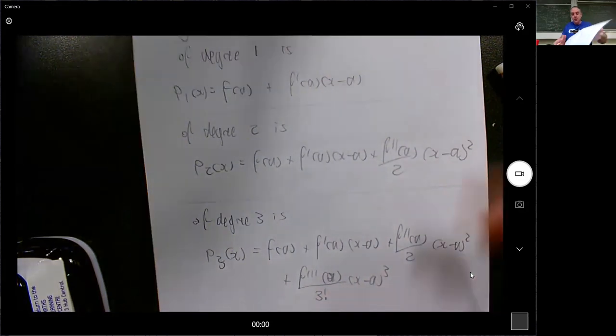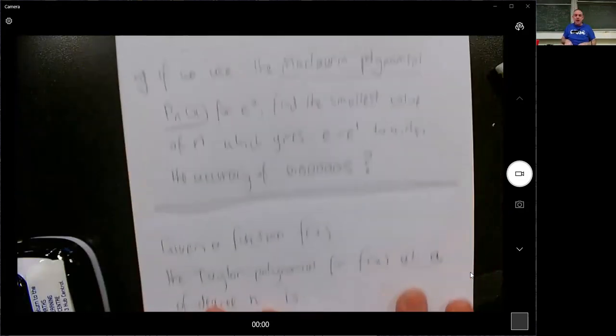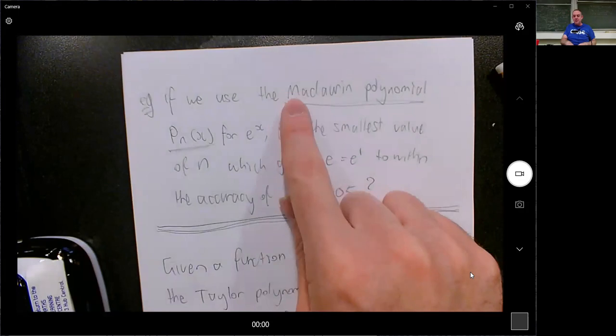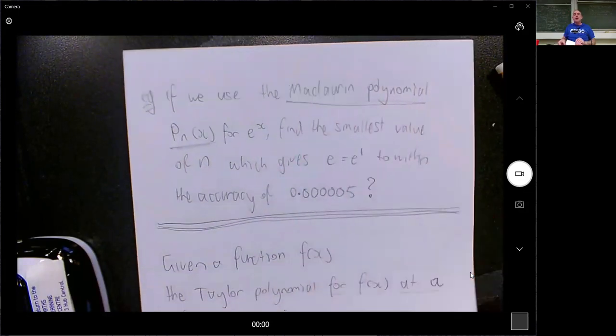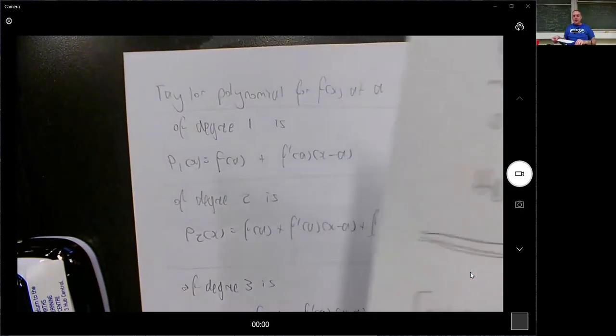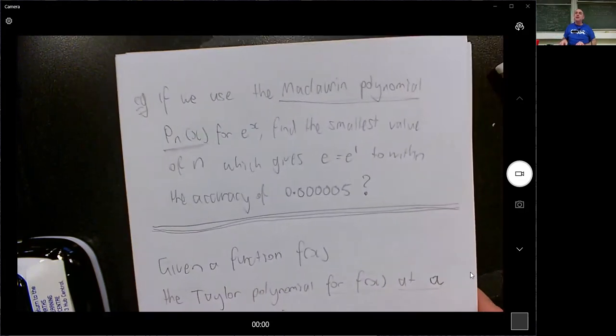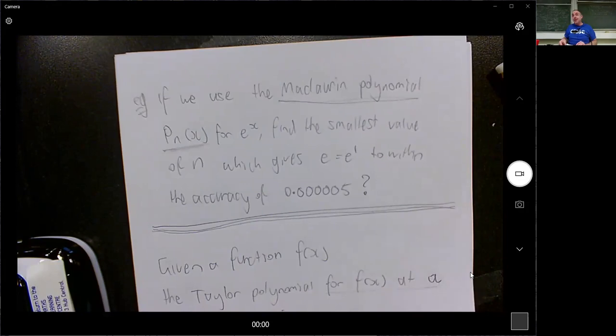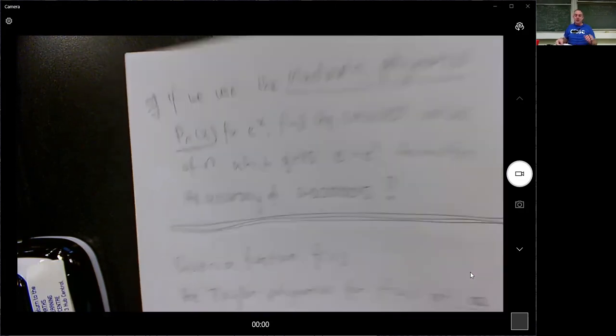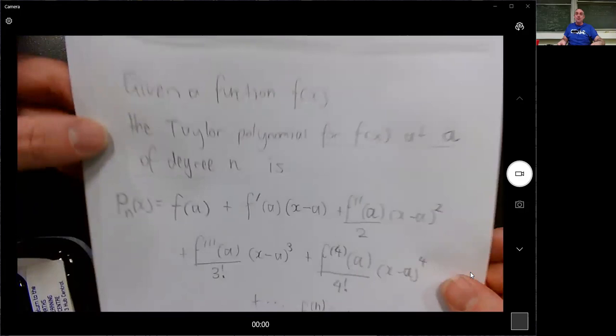Cool. So I've talked about Taylor polynomials, but the actual terminology that's in this question says Maclaurin polynomial. And that's because Maclaurin invented this thing before Taylor did. And he only did it when the center A is 0.